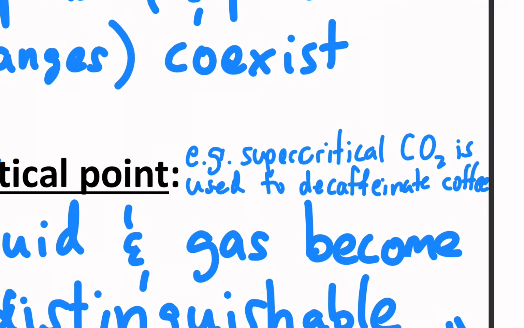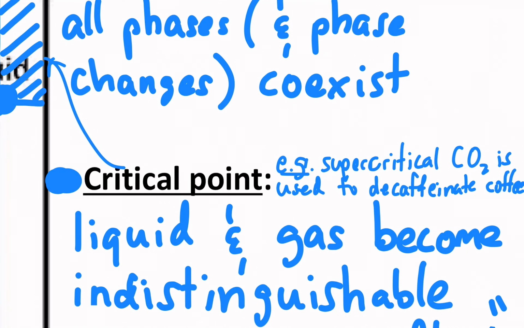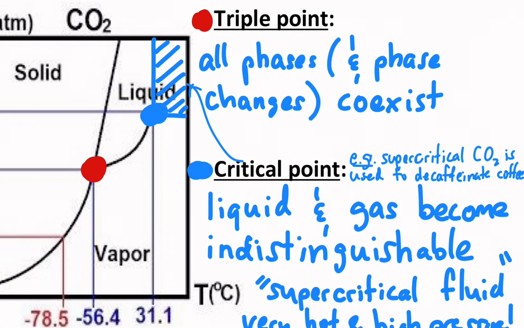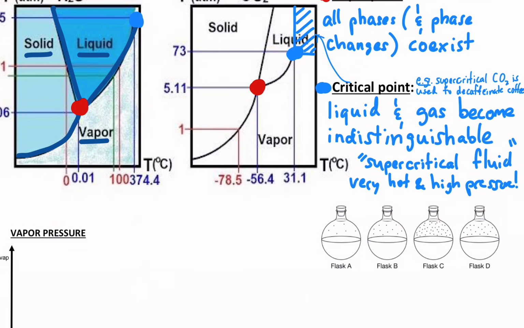That's how they get caffeine out of naturally grown coffee. You can't grow coffee beans without the caffeine in there. It's already there. It's a naturally occurring insecticide that the plant uses. We take it out of there artificially just by washing it with supercritical CO2, and it extracts the caffeine right out of it. Okay, so those are what phase diagrams look like and a couple of points about them.